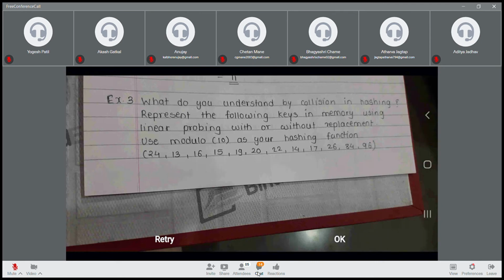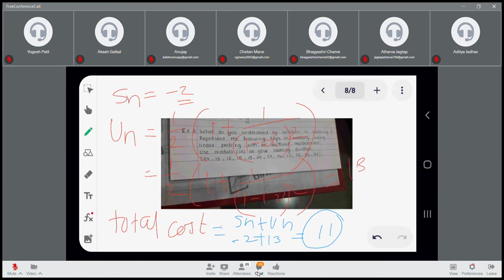Is this visible? Can you read it? Please note down this statement.